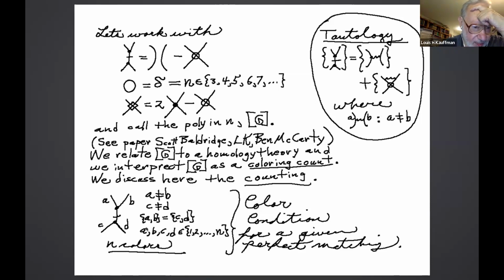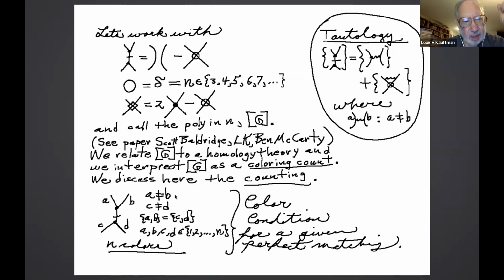And it is something we could have thought of before, but it came up in their work. And then these evaluations turn out to be important for their work, and you'll find a paper on the archive by the 3 of us showing how this special evaluation here is related to the homology theory. It's related to the Euler characteristic of the homology theory, but we won't go into that. We're staying with the graph theory here.